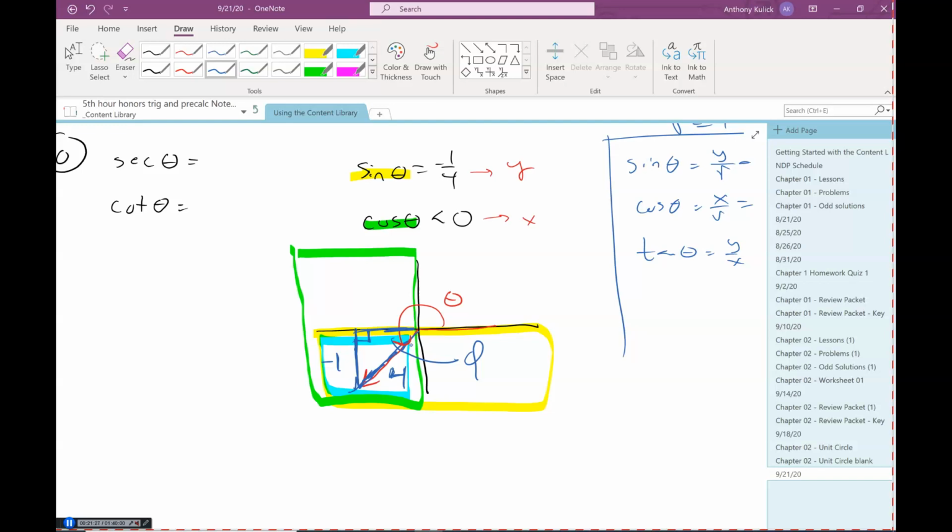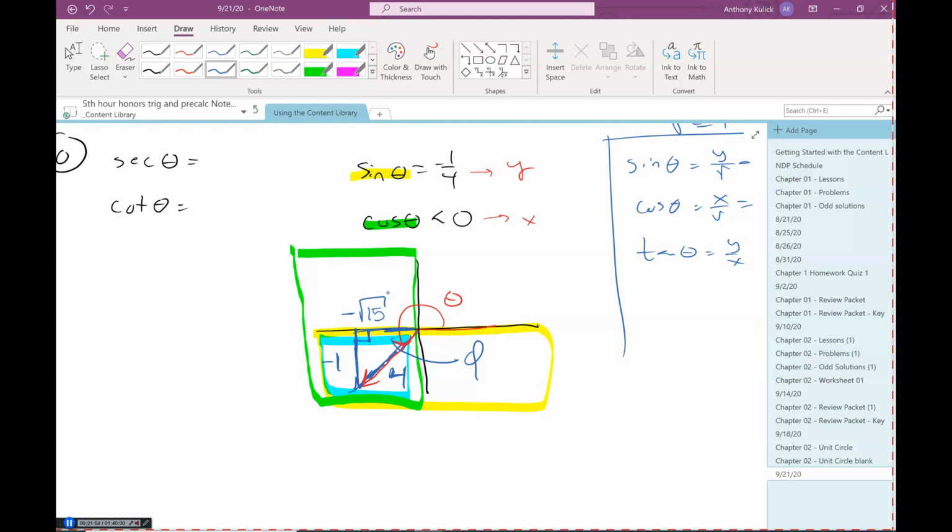Yep. Good question. Now I need to find this third side of my triangle. To do that, I'm just going to use the Pythagorean theorem. And note that since we're in the third quadrant, this side should also be negative. So 1 squared plus b squared equals 4 squared. Solve for b, I get square root of 15.